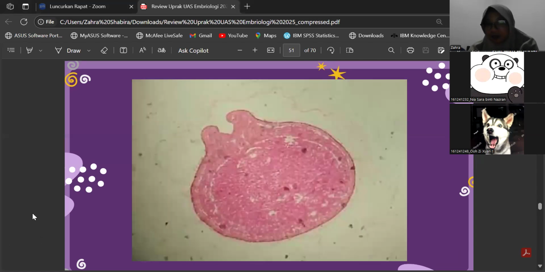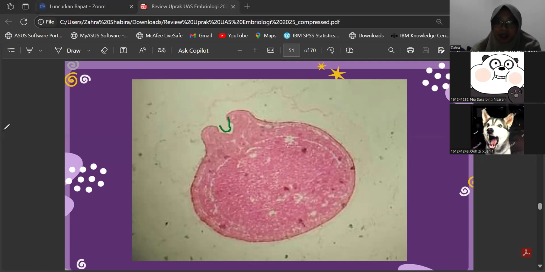Okay, this one, is it early or late? It looks like a late neural groove, since the groove is much deeper. This is the neural fold.